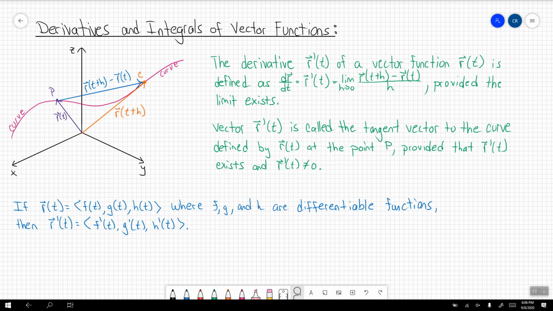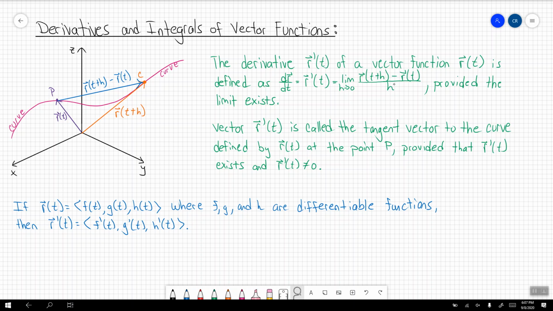So given two different positions on this curve, can we define a new vector that will be the difference between the two? We define this new vector r of t plus h minus r of t. Using geometric vector subtraction, you will see that this is the vector that begins at P and ends at C.